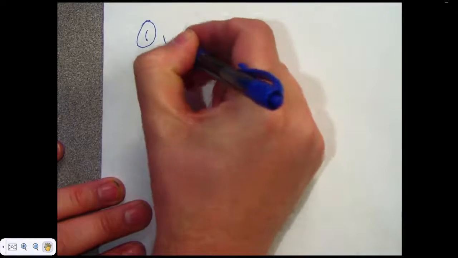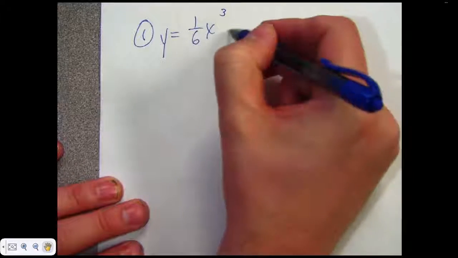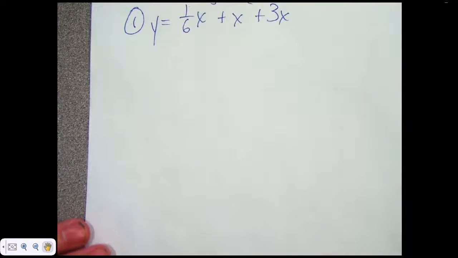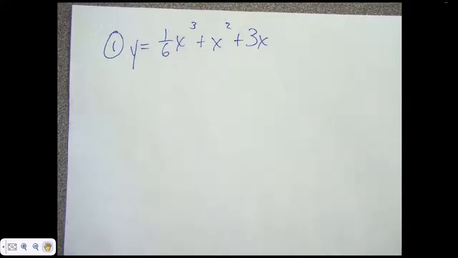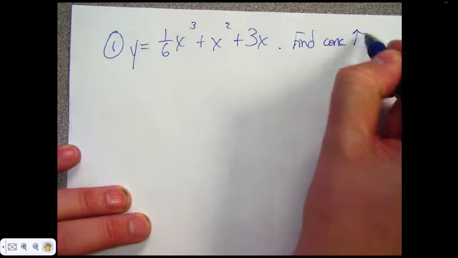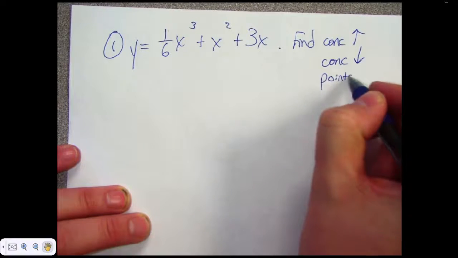So let's say I gave you 1/6 x to the third plus x squared plus 3x. And I'm going to say find concave up, concave down, and points of inflection, which we'll talk about in a second.